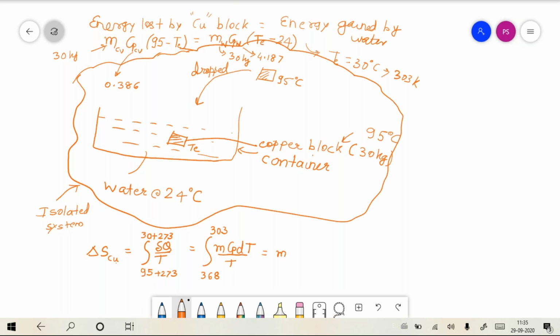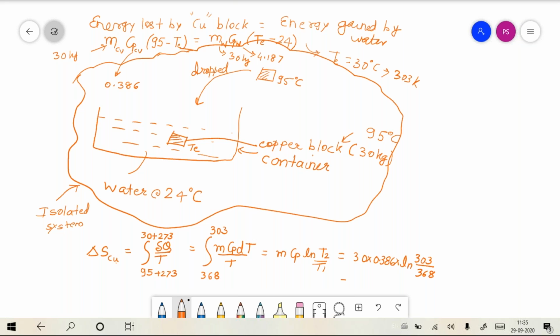So this becomes m cp ln T2 by T1, which is equal to: m is 30, cp is 0.386, and ln of 303 upon 368.